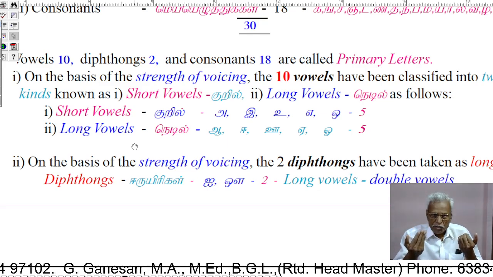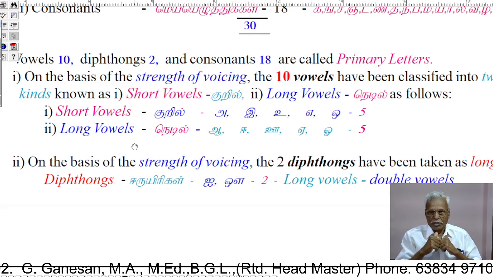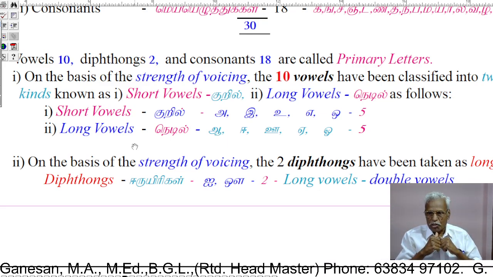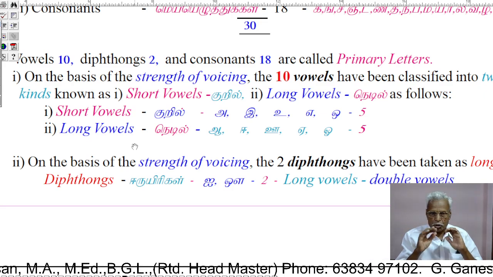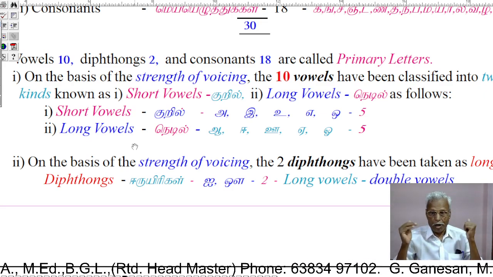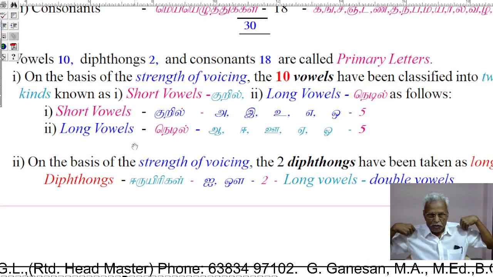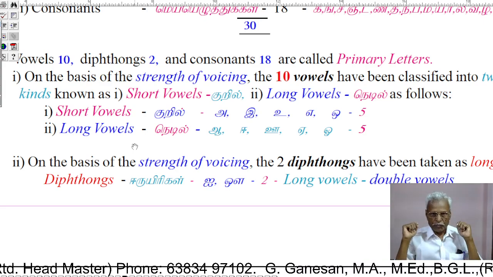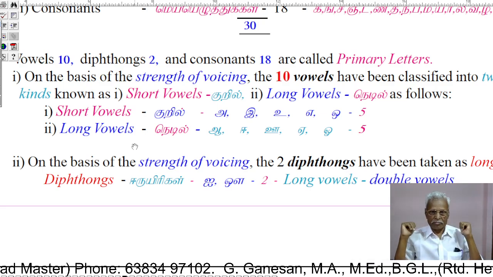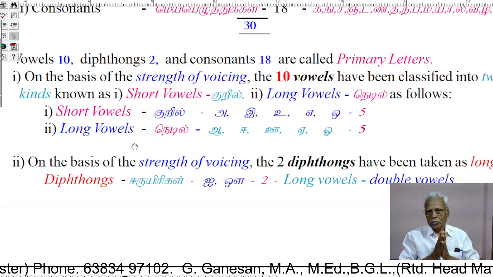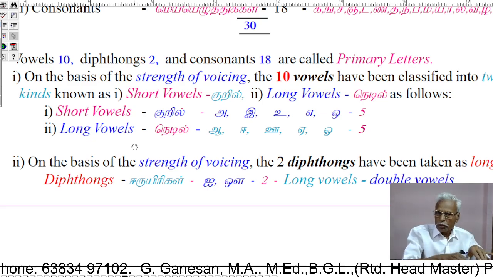On the basis of the strength of voicing, the 10 vowels have been classified into two kinds known as short vowels, kuril, and long vowels, nedil. That is, on the basis of the strength of uttering, these 10 vowels have been classified into two kinds.